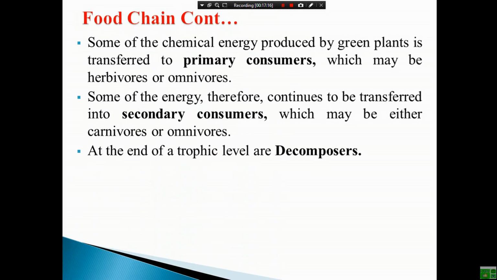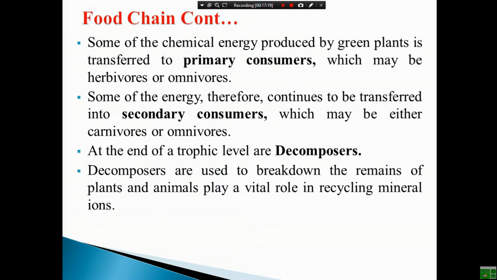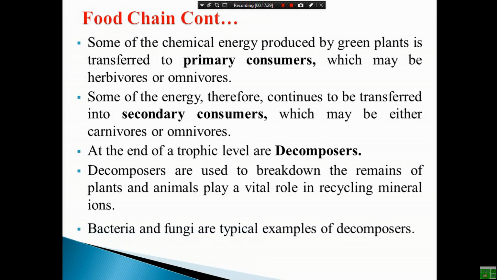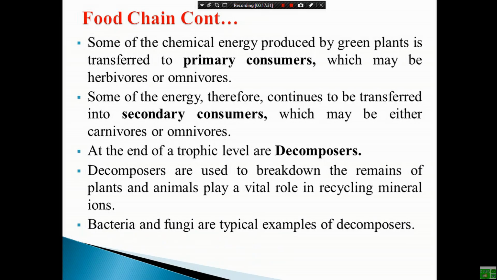At the end of the trophic levels there are decomposers. Decomposers break down the remains of plants and animals, and play a vital role in recycling mineral ions. Bacteria and fungi are typical examples of decomposers. Trophic levels are feeding levels, or different levels within a food chain.